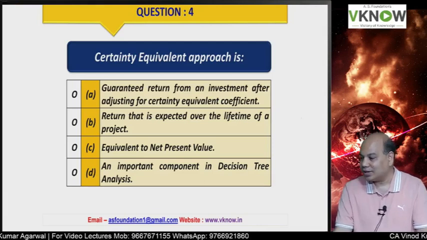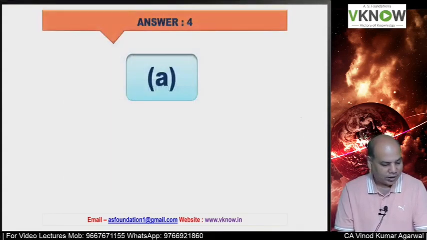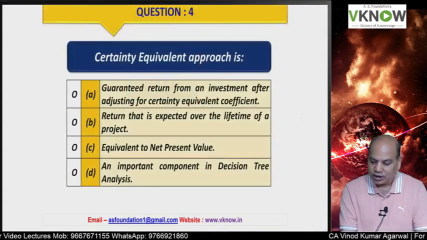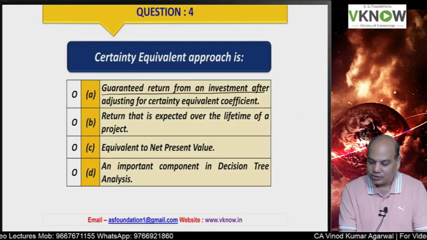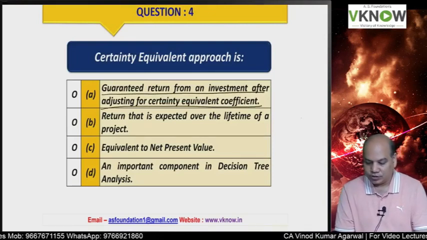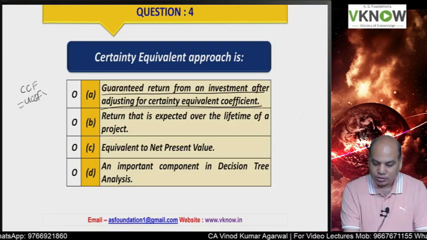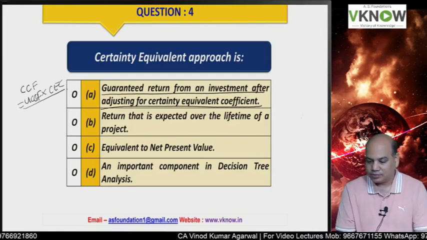What is the right answer? 4A. Very good. 4A is the right answer. Guaranteed return from an investment after adjusting for certainty equivalent coefficient. So the formula for this is certain cash flow equals uncertain cash flow into certainty equivalent coefficient.